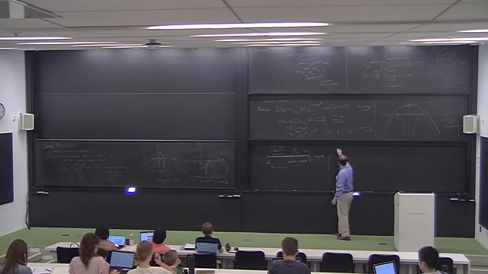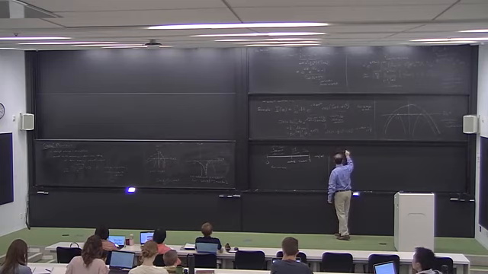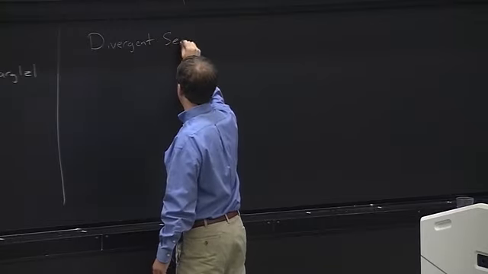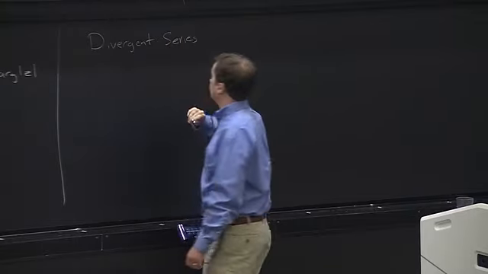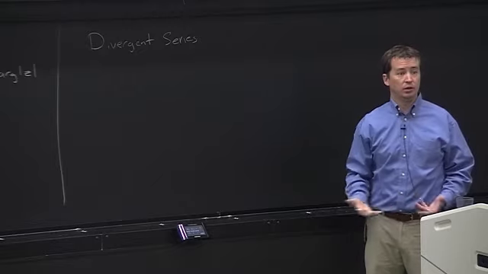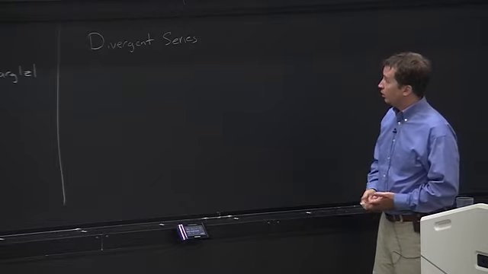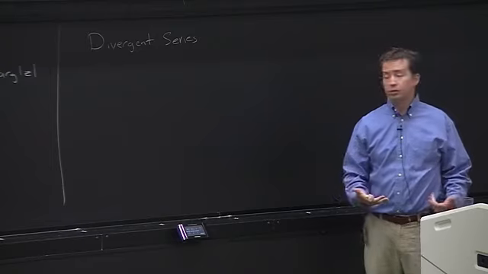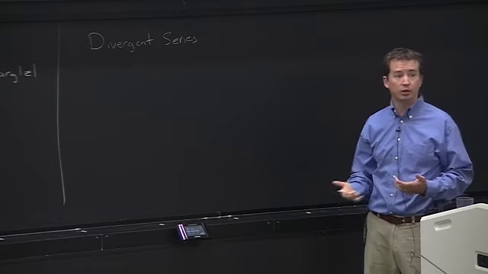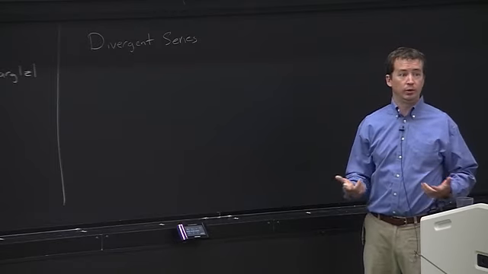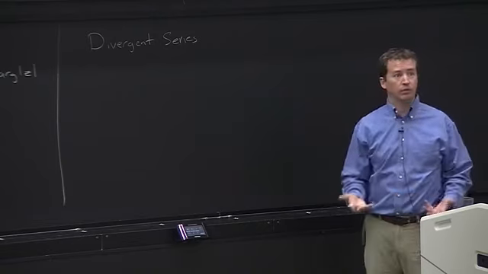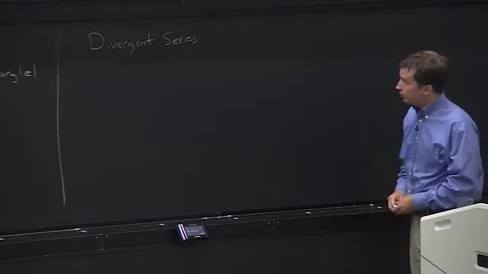So next time, we're going to talk about divergent series. Most of the asymptotic series we've been discussing are, in fact, divergent. Nevertheless, the methods we've seen over the last two lectures are some of the most important approximation methods we use in quantum field theory and physics more generally.